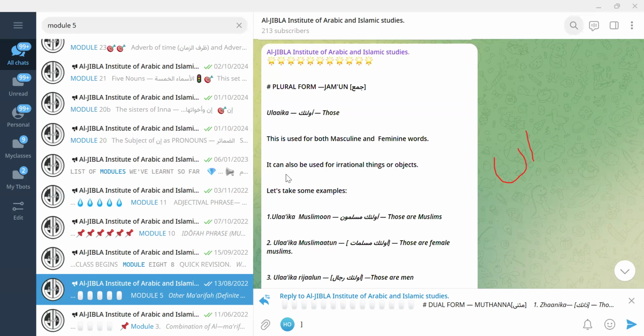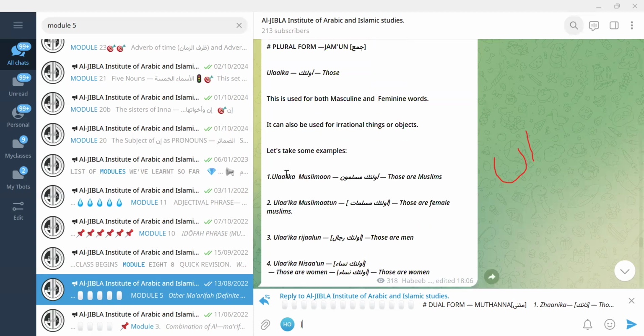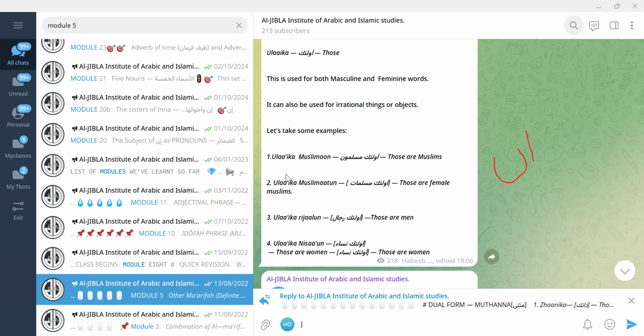Things that are not living, non-living things and animals, are called irrational, غير عاقل, they are objects. So you can as well use ulaika and ha'ula to refer to them. So we can use that.